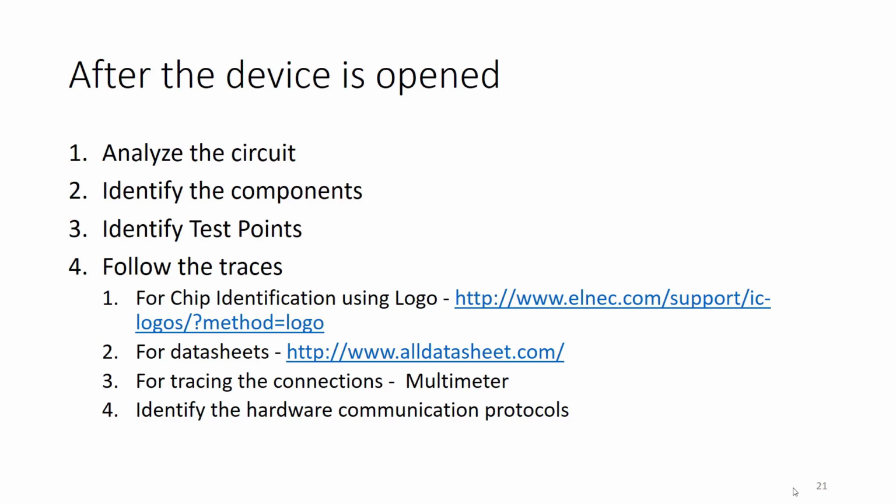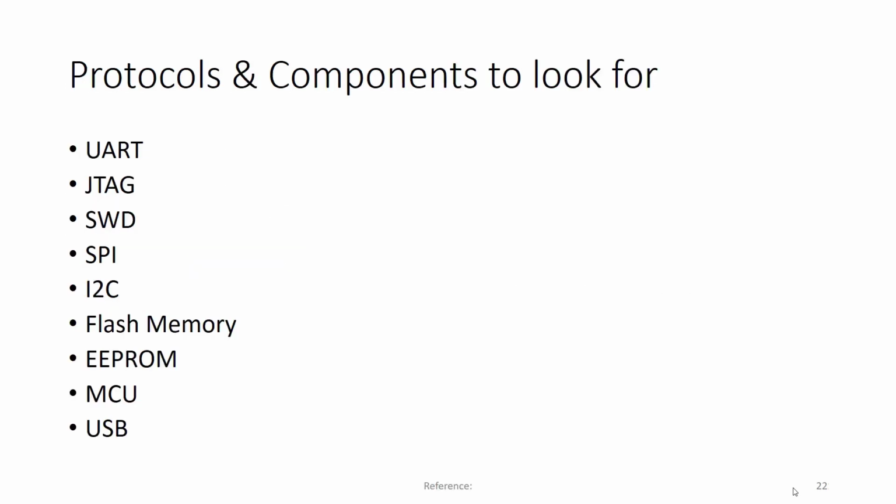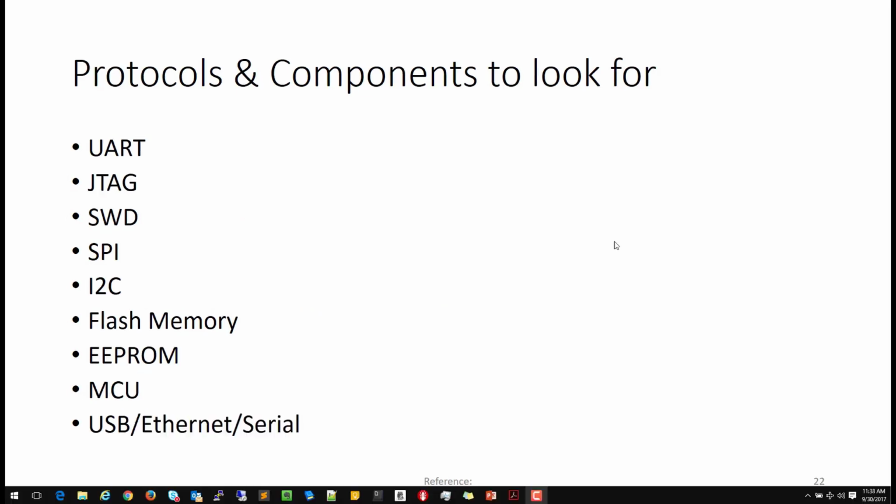Once you know the data sheet and the pinouts, you might also want to identify what hardware communication protocol it is using. In the case of microcontroller units, it is either JTAG or UART or others like I2C or SPI. These are used in communicating data between the microcontroller unit and memories like EEPROM or flash ROMs.